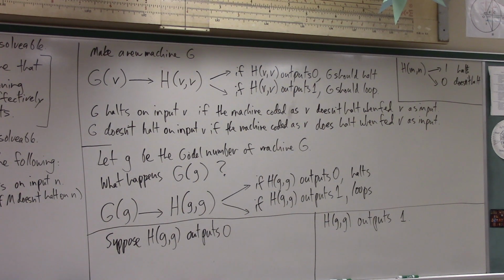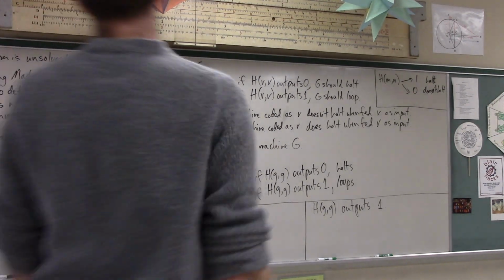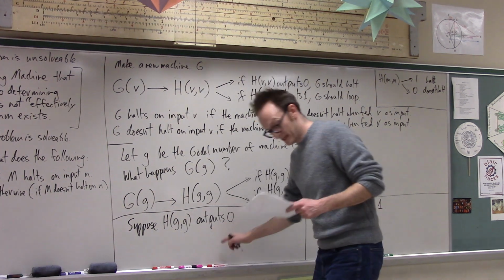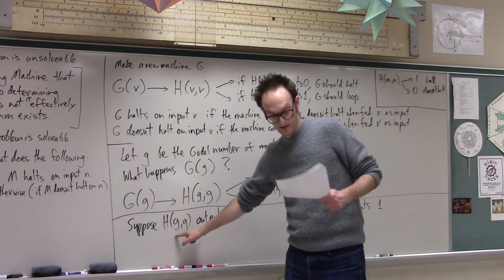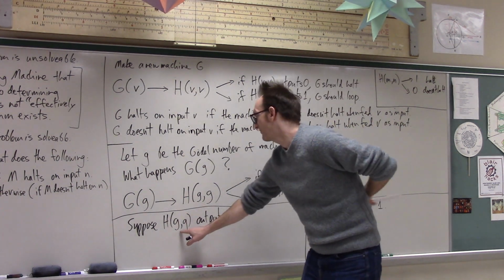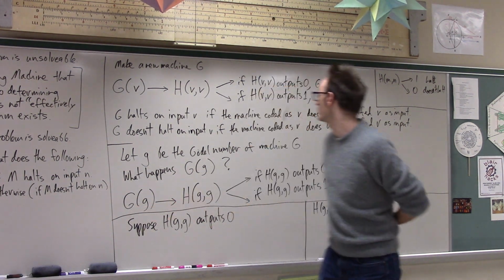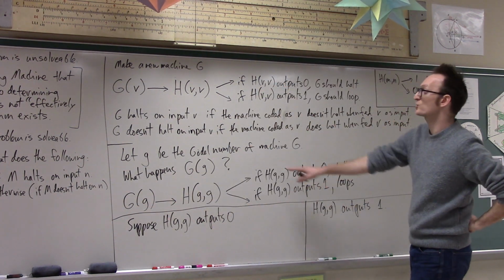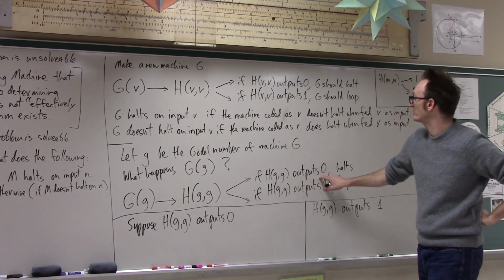Case one: suppose that HGG outputs 0. Being very careful now, by the definition of G, we constructed this machine G so that if HGG outputs 0, it should halt.